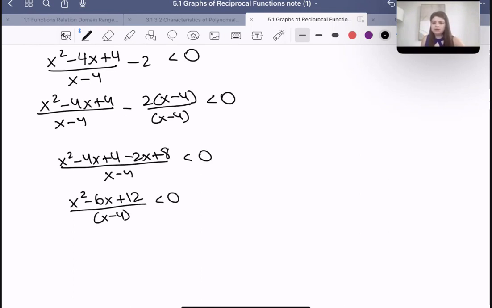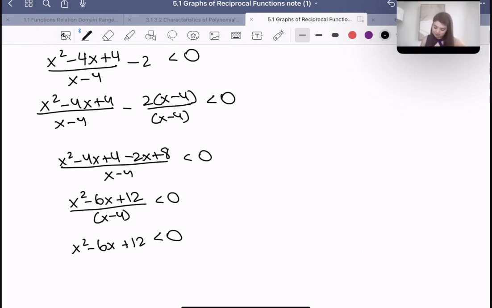And then we want to figure out where this is less than 0. Okay, so x² - 6x + 12, where is this less than 0? Well, because this is a parabola that opens up, keep in mind, we need to make sure there are zeros, some solutions, so that it does go downwards.